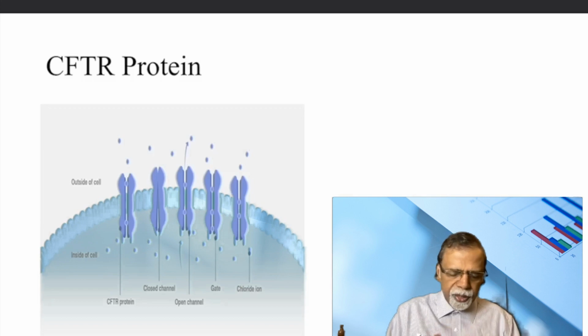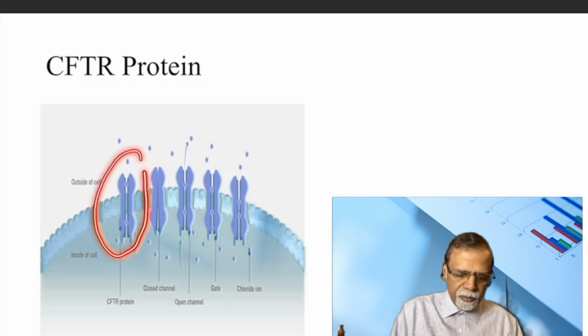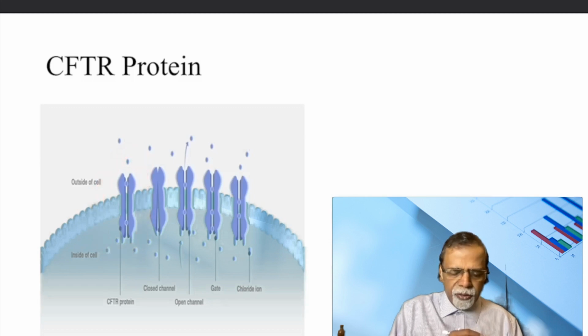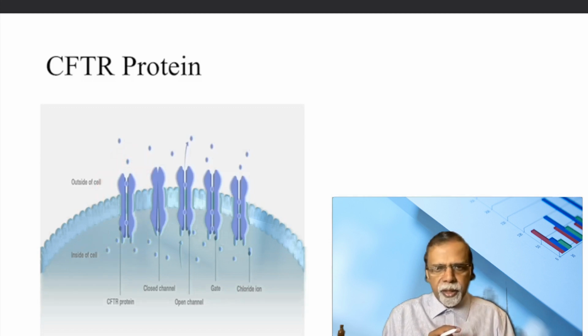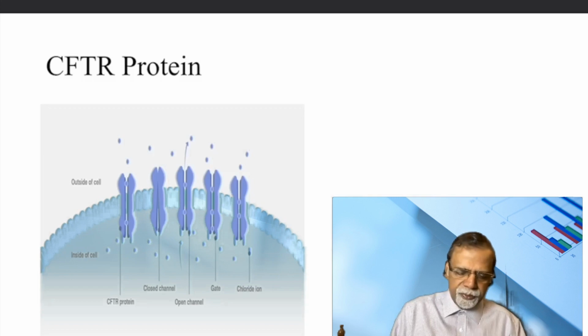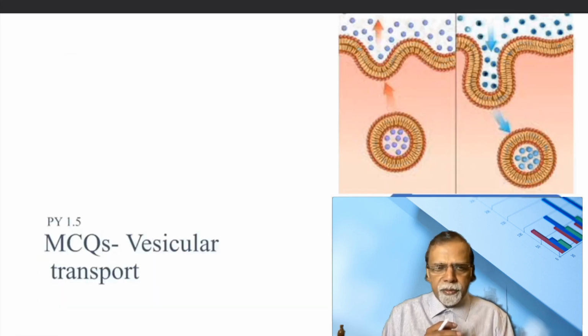When there is a mutation in the CFTR protein, this will lead to defective chloride conductance that can lead to features of cystic fibrosis, about which we will study later. In the next session, we will discuss vesicular transport.